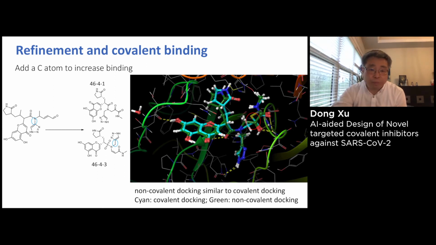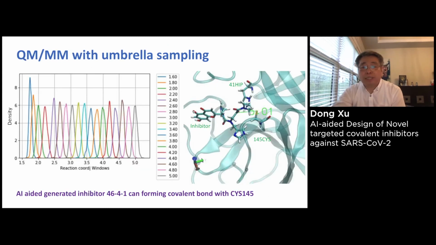For example, in order to have a better placement or orientation, we add one carbon on top of this. So we do this small adjustment to make sure it binds better and has more chance to form this bond interaction. We also make sure that at the quantum mechanical level, it can form a strong bond interaction. So we perform this QM-MM umbrella sampling on this molecular dynamic trajectory to make sure that they have a very good chance to form a bond interaction.